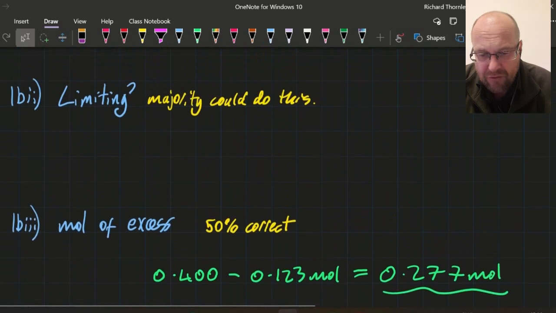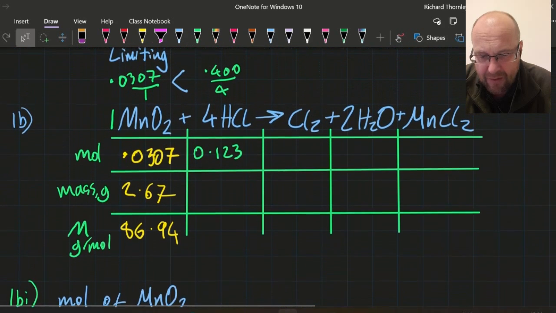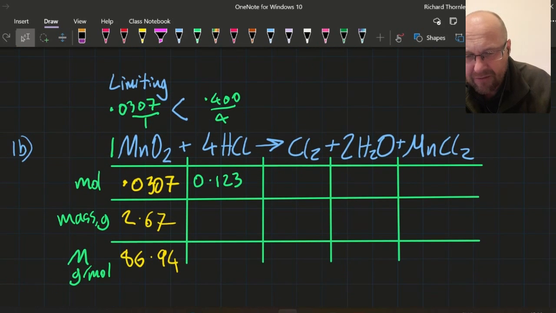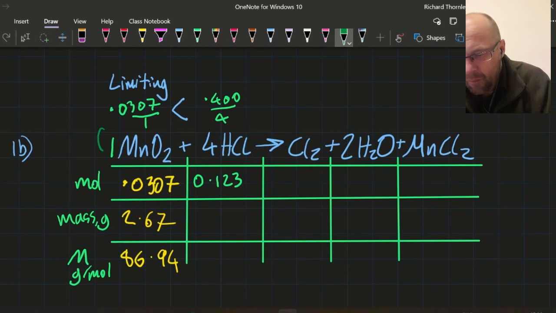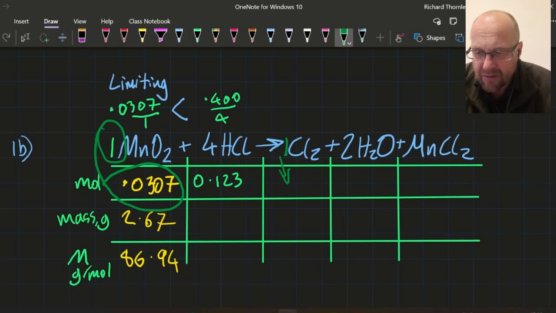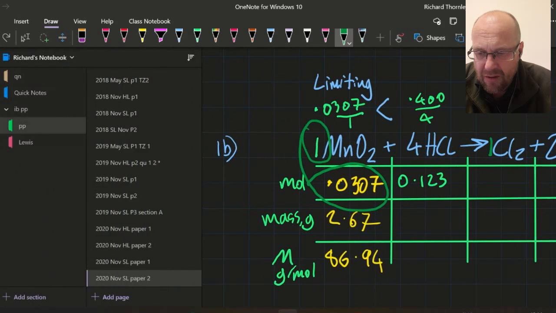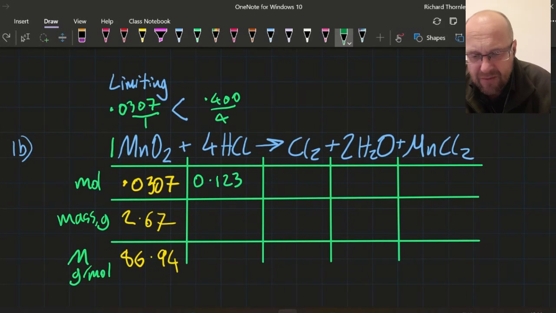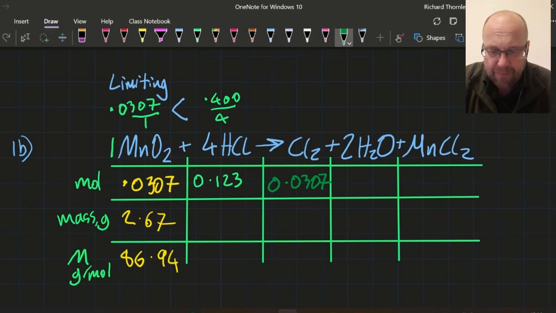All right, how many moles do I have? I don't know, I have to work it out. Oh, it's easier than it looks. 1 is to 0.0307 as 1 is to 0.307. So the ratio at the top is trivial. 0.0307. So that's how many moles of chlorine I've got.